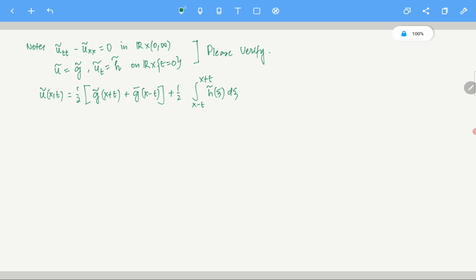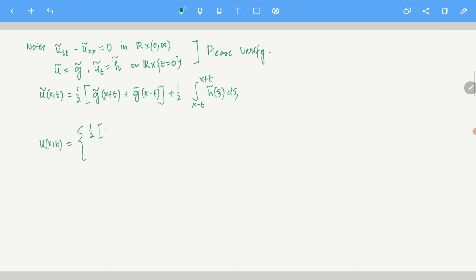This is for the whole domain, but we want to solve this problem in R plus cross (0, infinity). What is our original solution? u tilde is given by this, so u of (x, t) will be given by two different formulas.